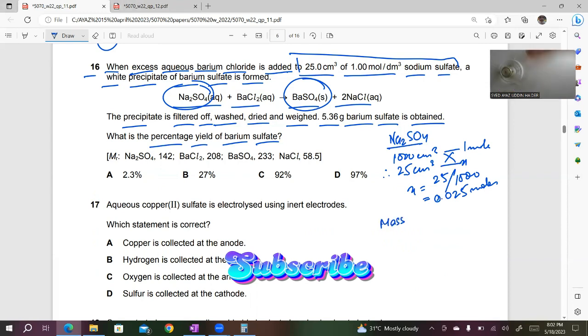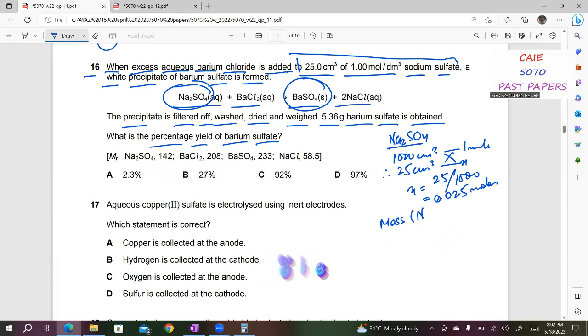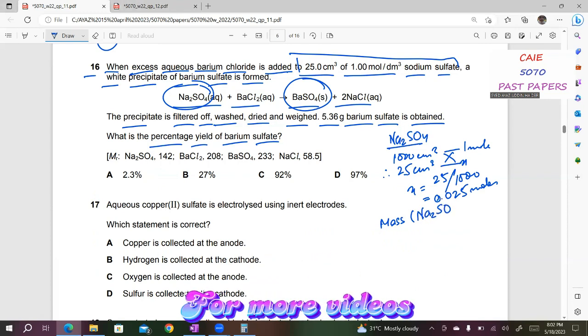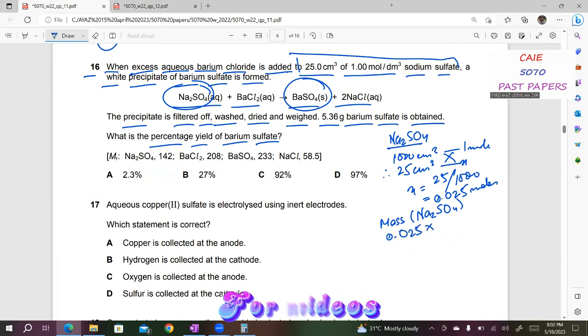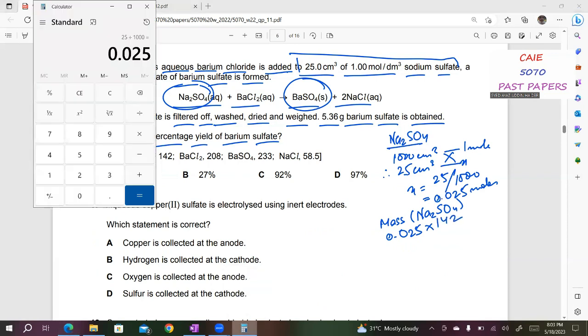Now I want the mass of Na2SO4. For this purpose, we will multiply 0.025 moles by the Mr of Na2SO4, which is 142. 0.025 multiplied by 142 is 3.55.